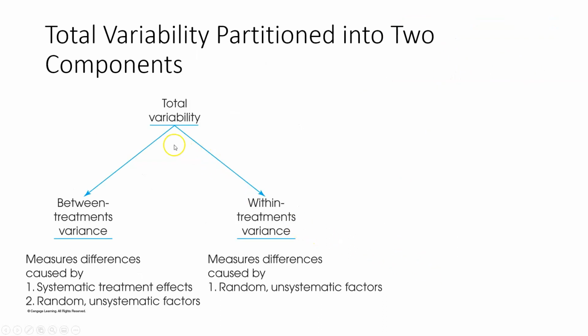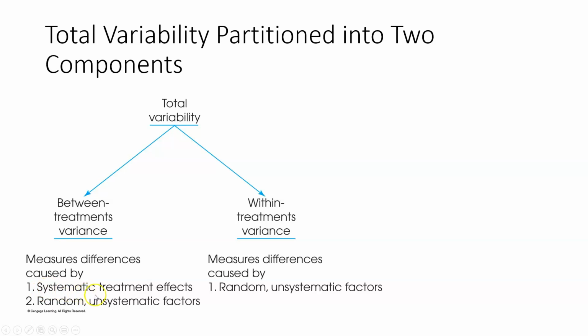In order to do that, we take the total variability and we split it into these two parts, the between treatments variance and the within treatments variance. Just like we talked about on the last slide, between treatments variance are those differences that are between the conditions, the difference between 4 and 1 and 1. But those differences can be chalked up to two sources of variability.